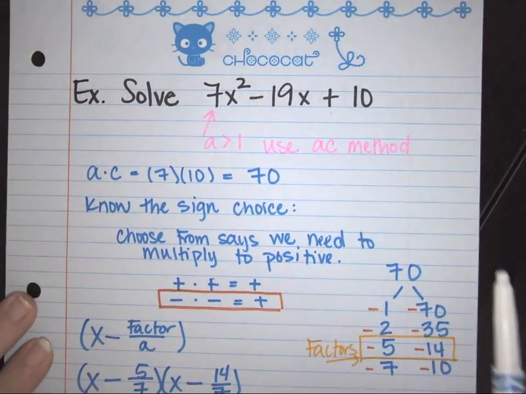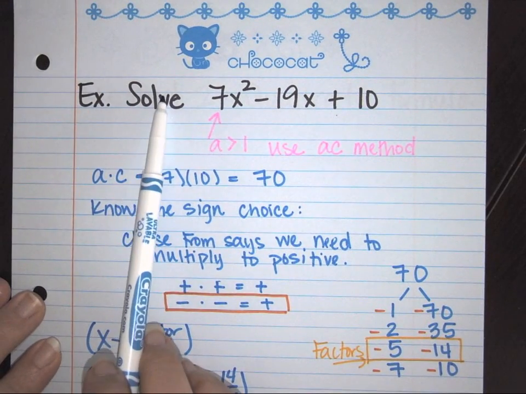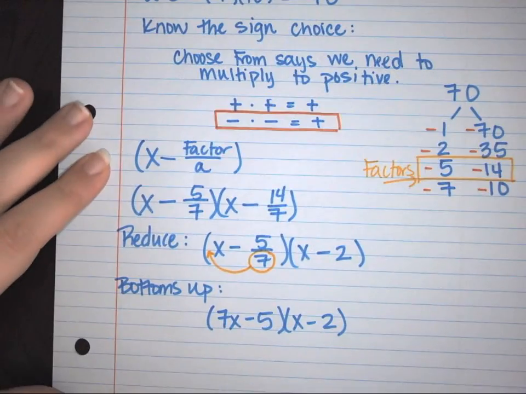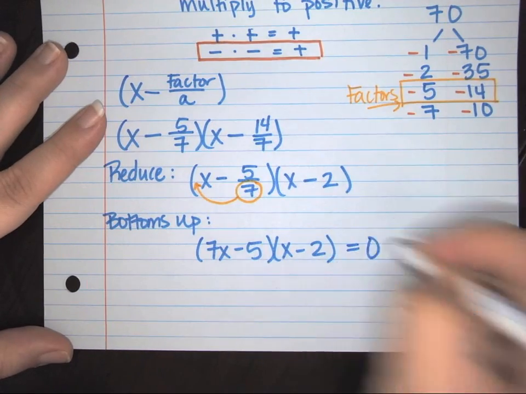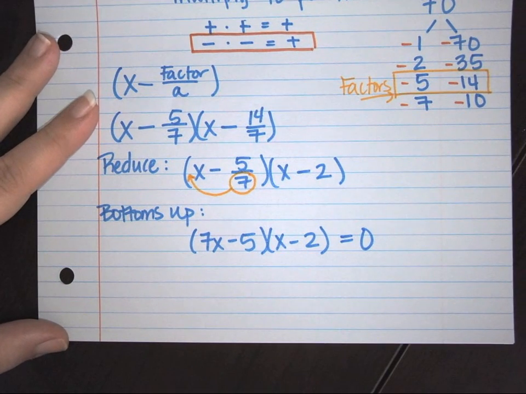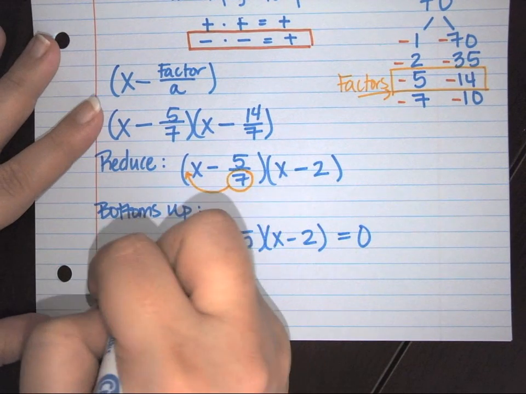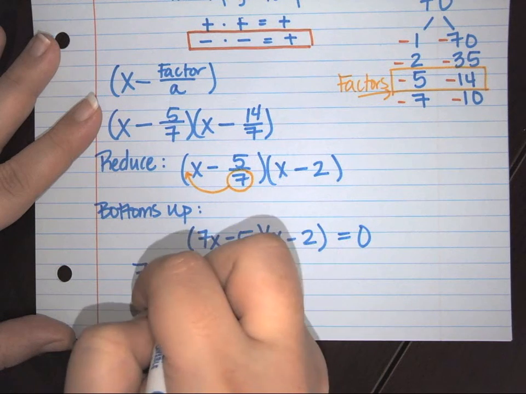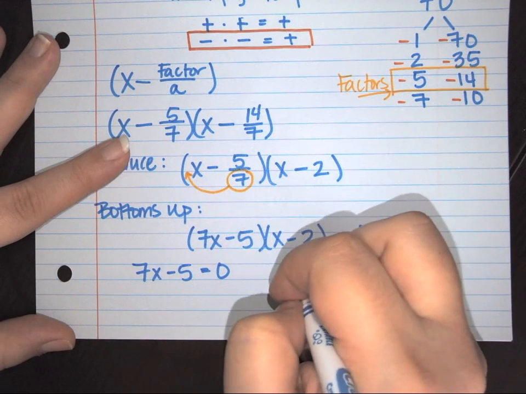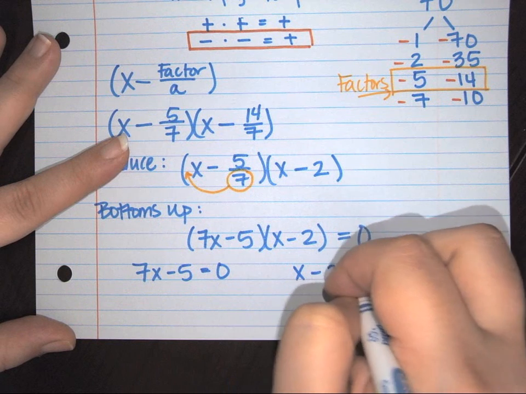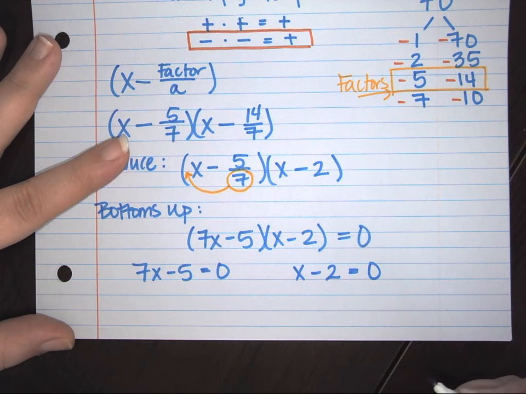Now, we're trying to solve, which means I have to set this equal to 0 and solve both parts. So I take 7x minus 5 equal to 0 and x minus 2 equal to 0.